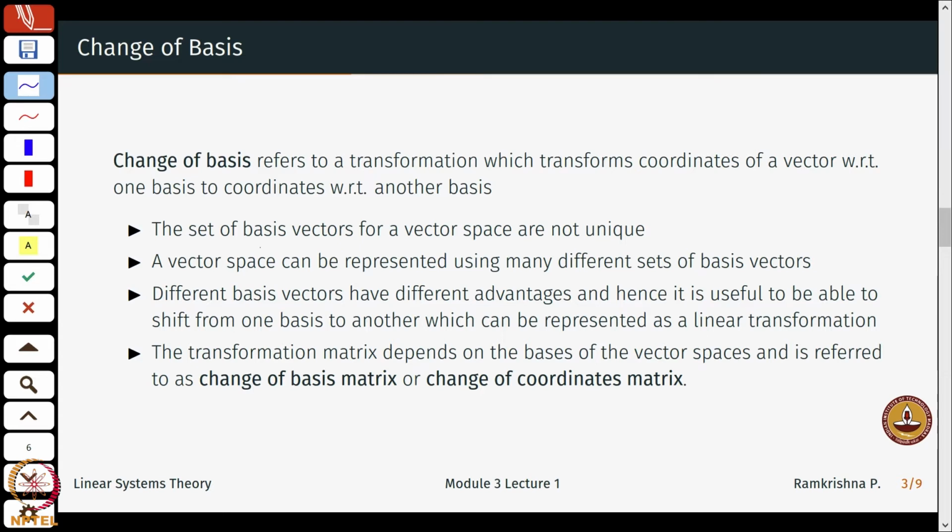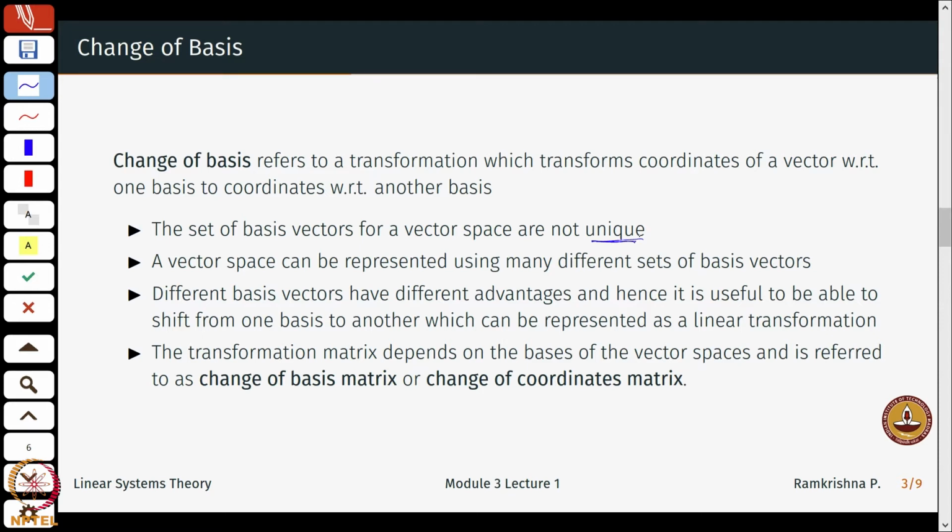Because the set of basis vectors is not unique, and this actually helps us a lot. Throughout our coordinate geometry we just look at the standard basis, and I am not sure if we ever encountered situations where we had to write in different bases, but here it is very important.